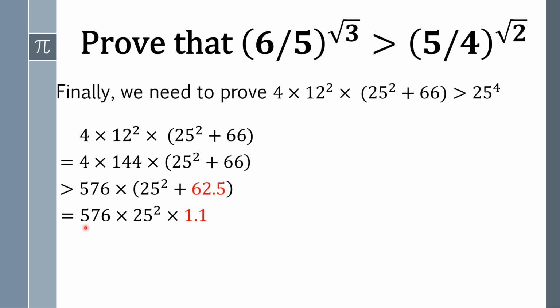And 576 times 1.1 equals 633.6, and this number is larger than 25², so the entire expression is larger than 25⁴. And from here, we are able to prove that (6/5)^√3 is larger than (5/4)^√2. Thank you.